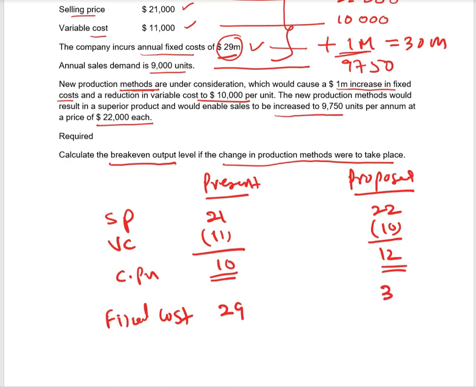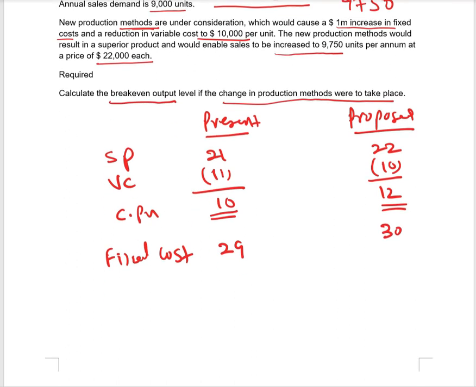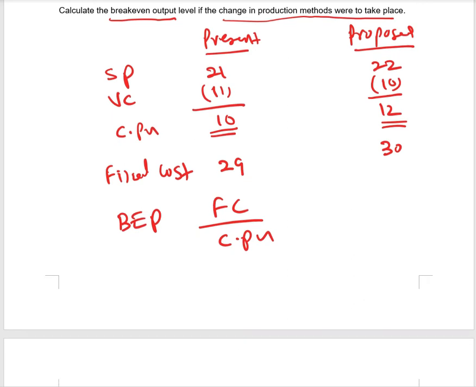So how do you calculate the break-even point? Fixed cost divided by contribution per unit. So 29 million divided by contribution of 10 here. Here 30 million divided by 12.